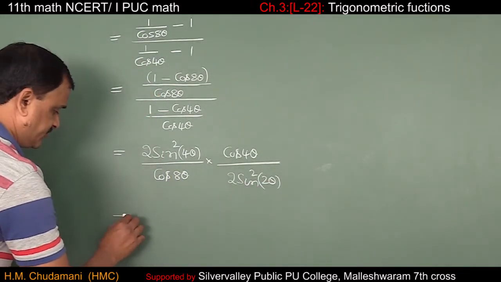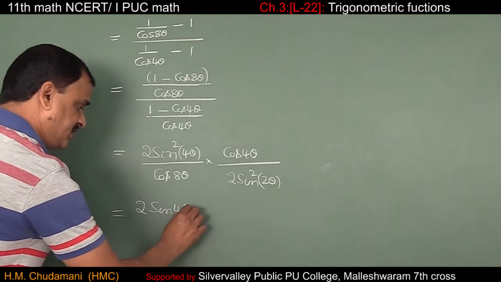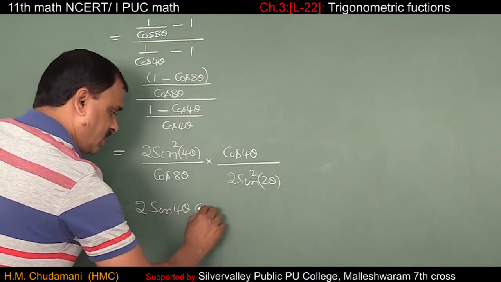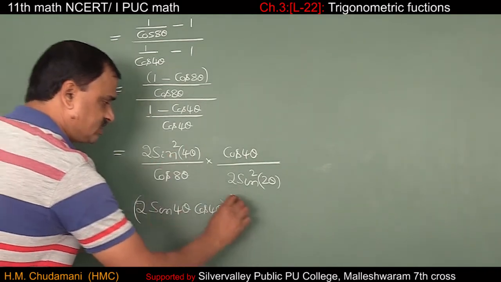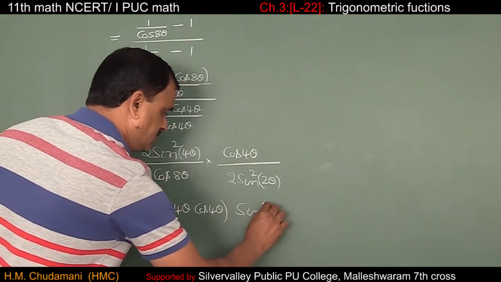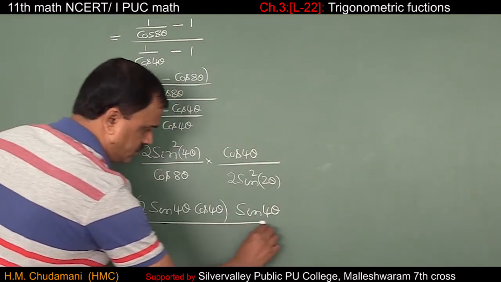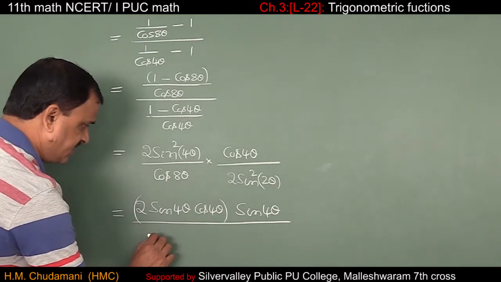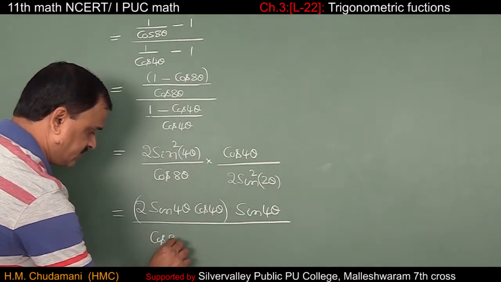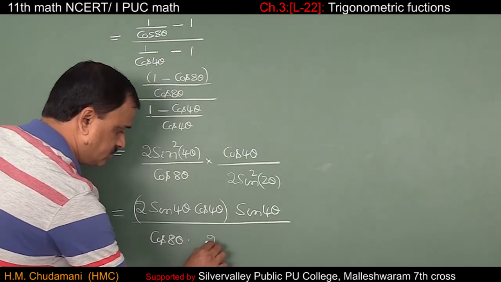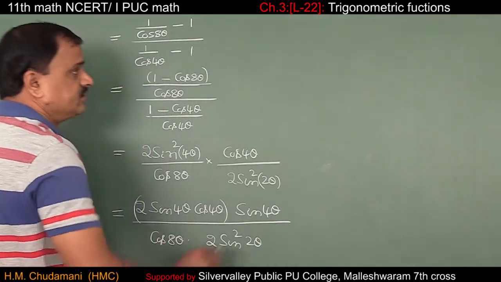Now this is equal to 2 sine 4 theta into cos 4 theta. I just collect these two. Sine square is there, you know, into sine 4 theta, into sine 4 theta whole divided by cos 8 theta into 2 sine square 2 theta.